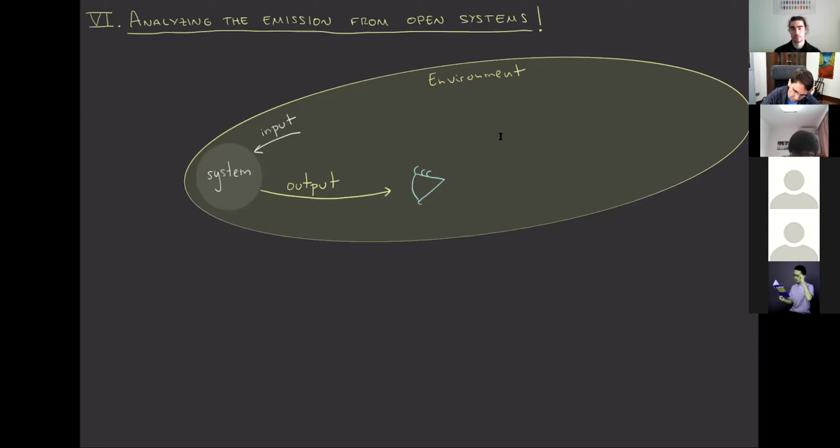So this is the eye of the observer, that has some kind of observing device, and then it's analyzing the field that comes out of the system, okay?